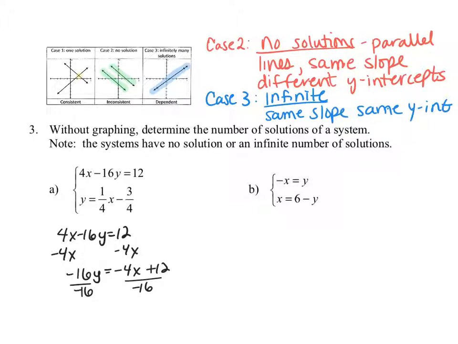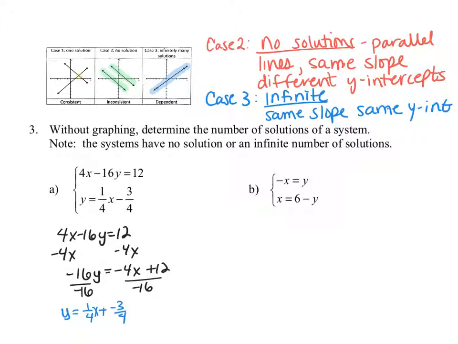And then I get y is equal to negative 4 divided by negative 16 is a positive 1/4x. And then 12 divided by a negative 16, that is negative 12 over 16, which can be reduced to negative 3/4.